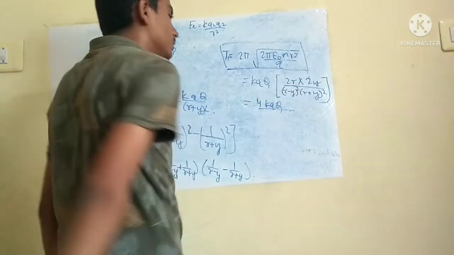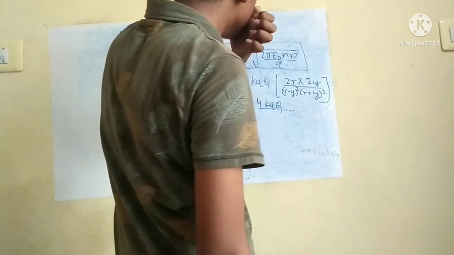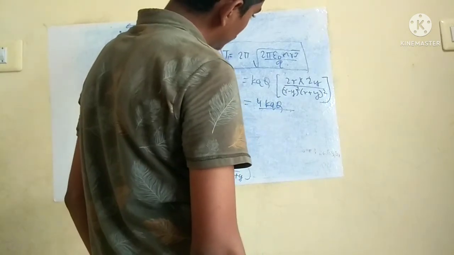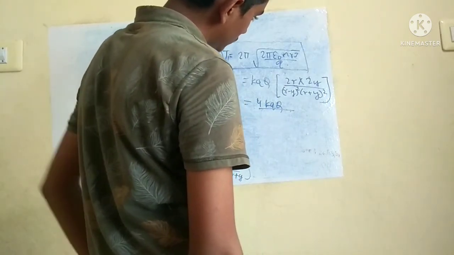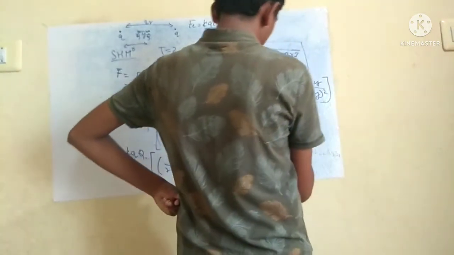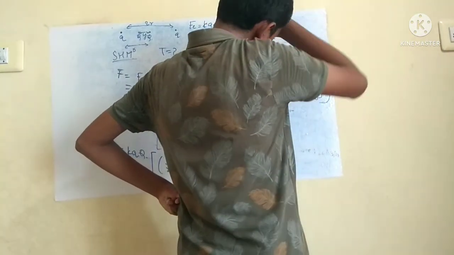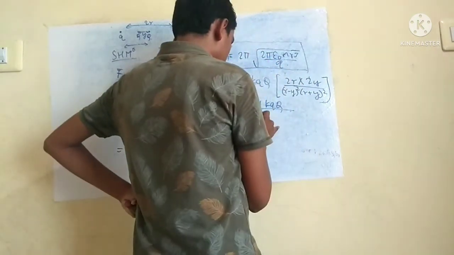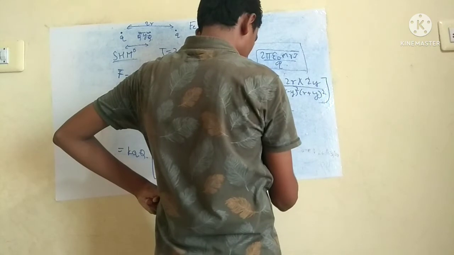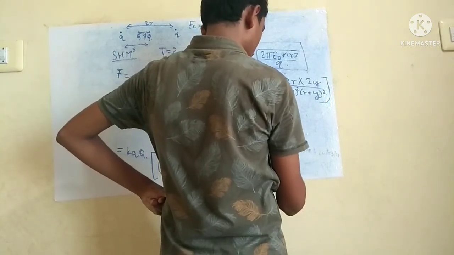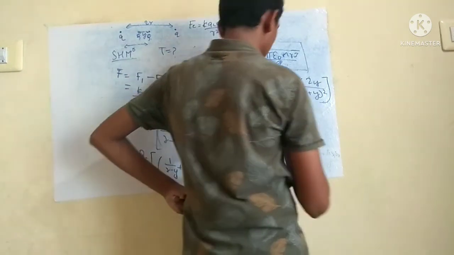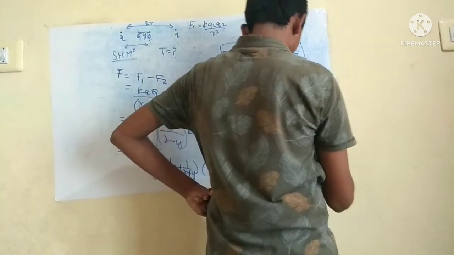This is a square. How to simplify this? Is there any method to simplify this? Okay, a long method, say simplify first. Here into y it will come.